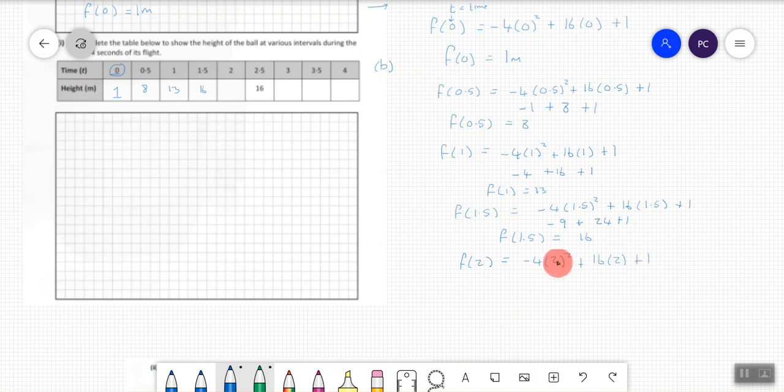So 2 by 2 is 4, and minus 4 by that's going to give you minus 16, plus 32, plus 1. And so 33 minus 16 is going to be equal to 17. So we can say that function 2 is equal to 17. Okay, so that's that one there.